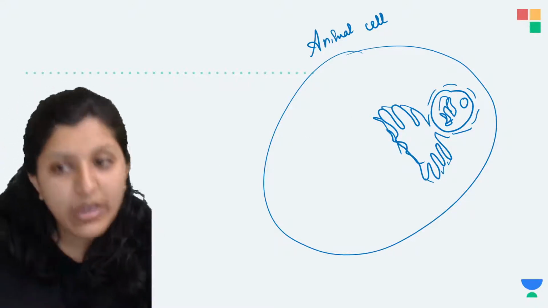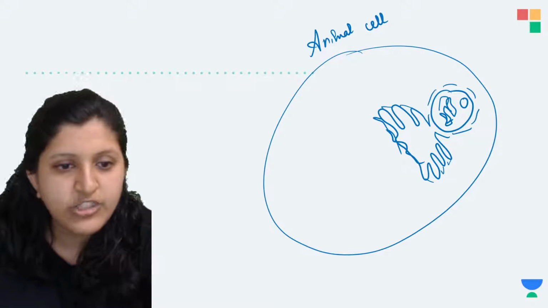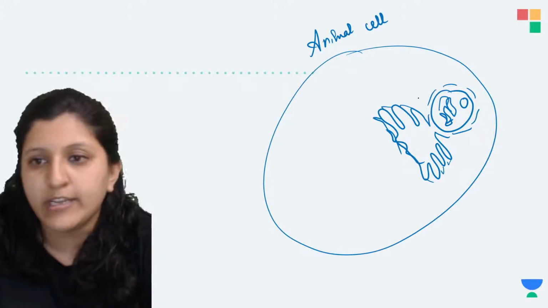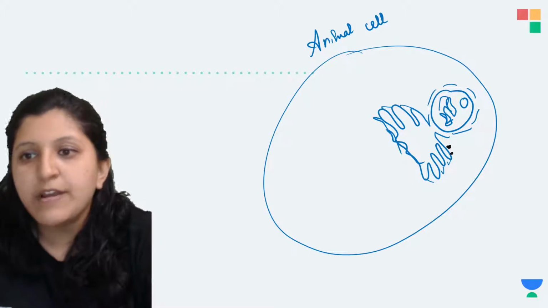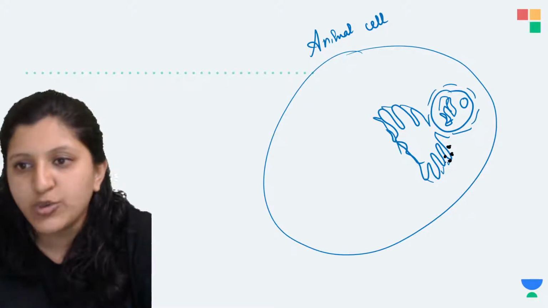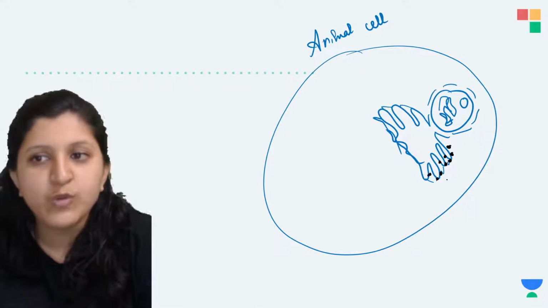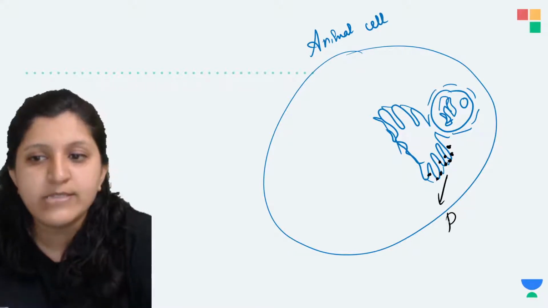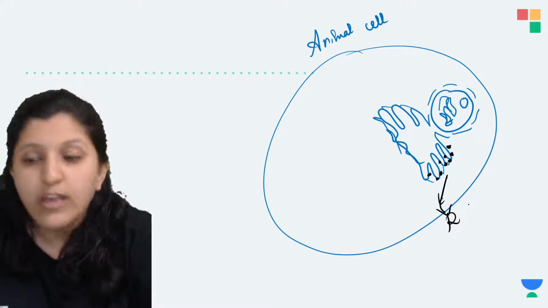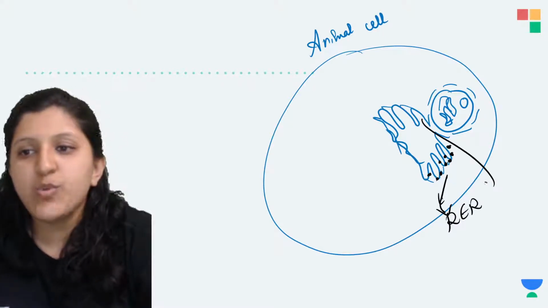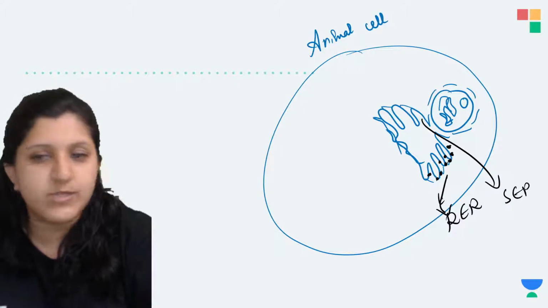If ribosomes are attached, we call it a rough endoplasmic reticulum. So let's show some ribosomes attached over here. When we observe it under a microscope, this appears as rough. This one is the rough endoplasmic reticulum, and this one is the smooth endoplasmic reticulum.